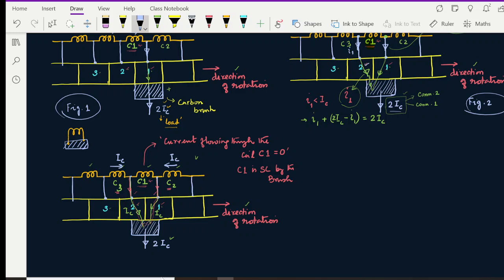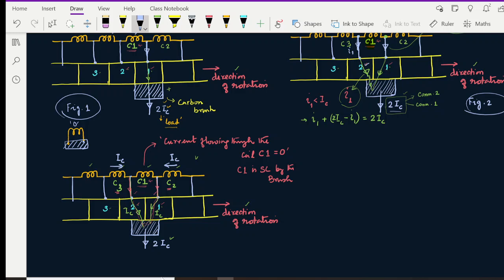You can see this well from the diagram. If you make a short circuit, it means the induced EMF across this coil becomes 0. When there is no induced EMF in the coil, there is no current flowing through coil 1.